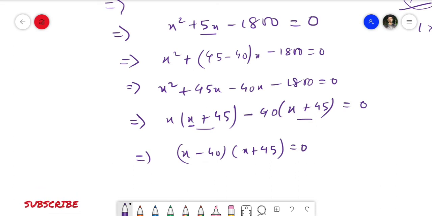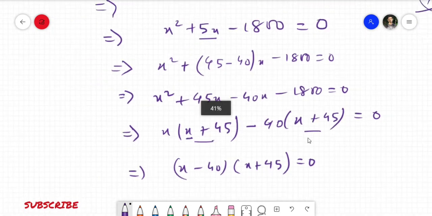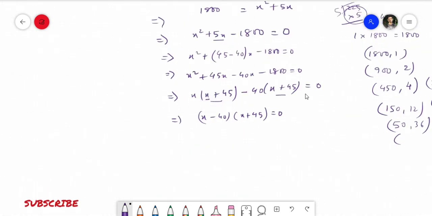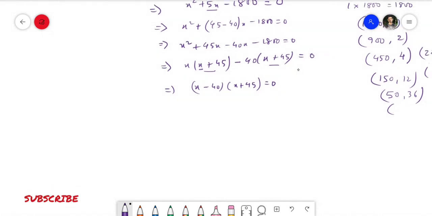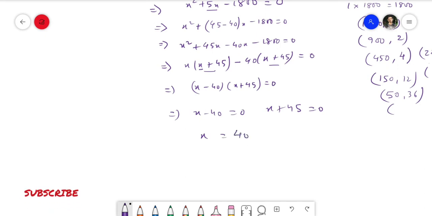But as we know, just we'll do from here: x minus 40 equal to 0 and x plus 45 equal to 0. Okay, so x will be 40 and x will be minus 45, and we know that speed can't be 0, isn't it?